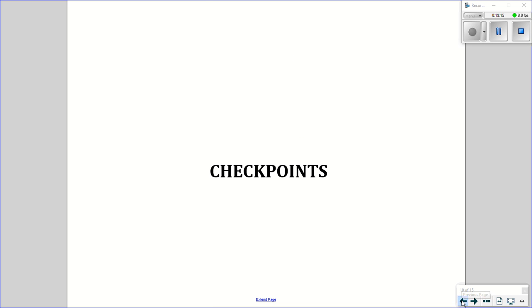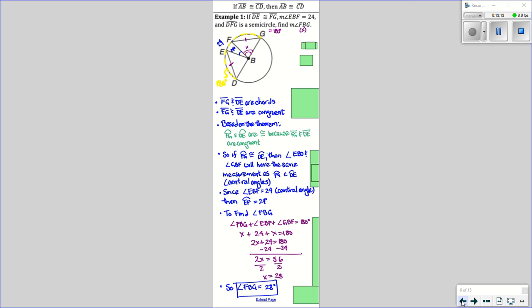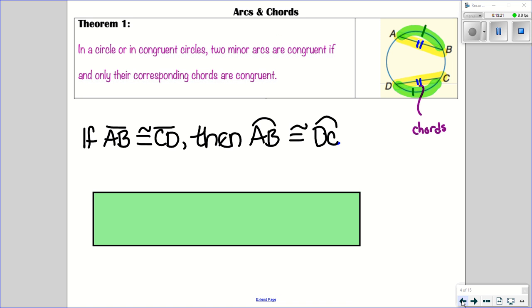Oh, we've reached the end, so going back, we learned the three theorems that deal with diameters and chords, or radius and chords. The first theorem says that in a circle or congruent circles, two minor arcs are congruent if and only if their corresponding chords are congruent.